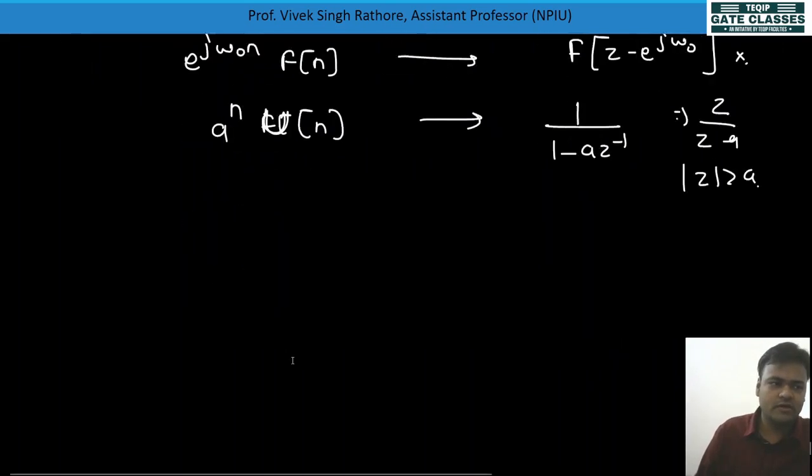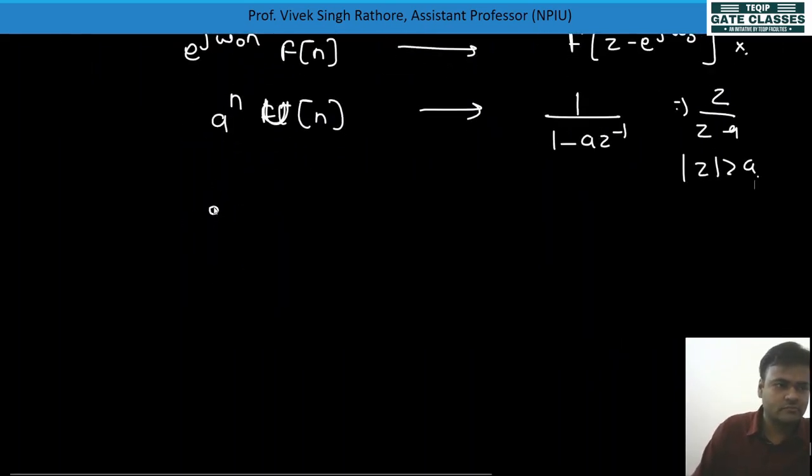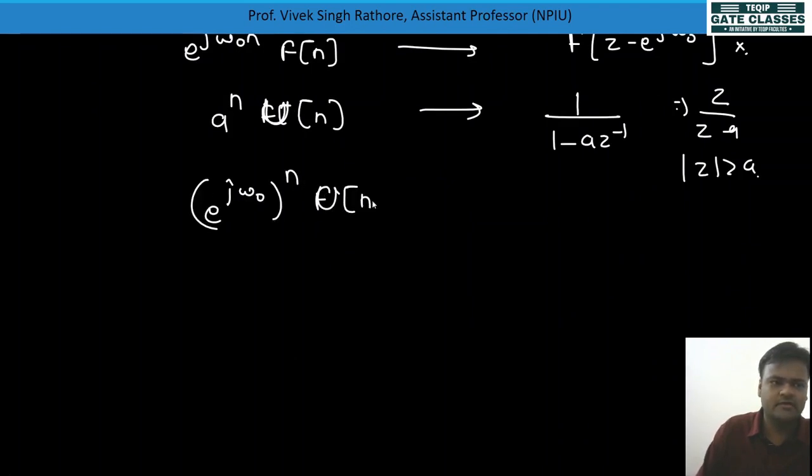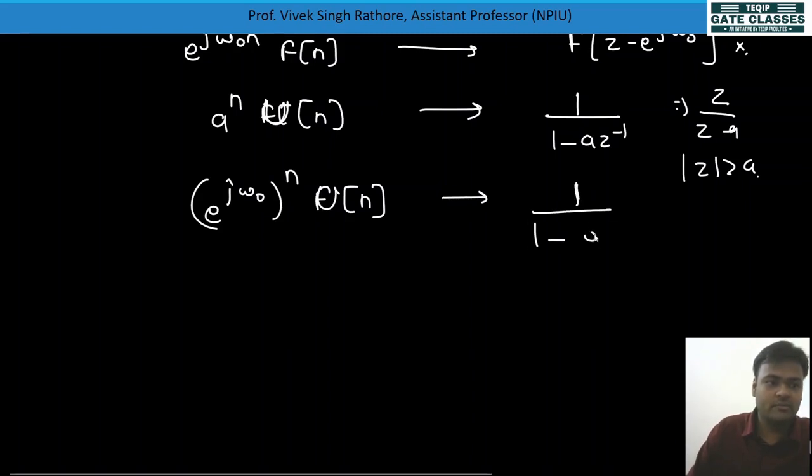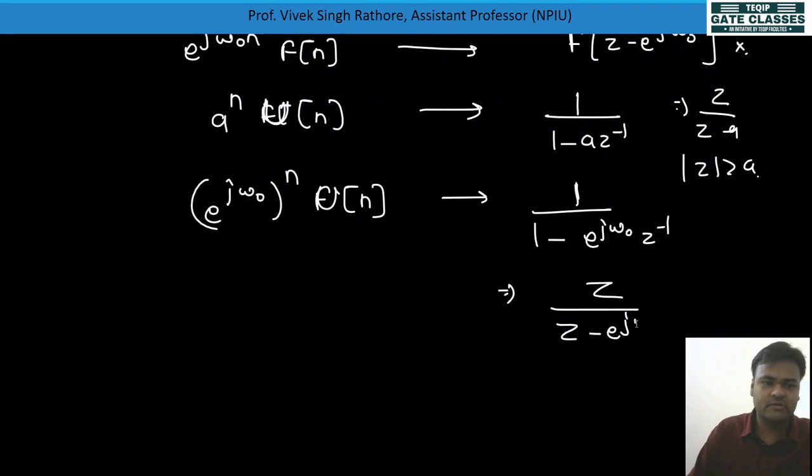So here also you can think that e to the power j omega 0 to the power n is there, and you can consider f of n as u of n. Let's suppose we have multiplied the signal in this way. So what we can write here is 1 by 1 minus e to the power j omega 0 z inverse, which you can write as z by z minus e to the power j omega 0.